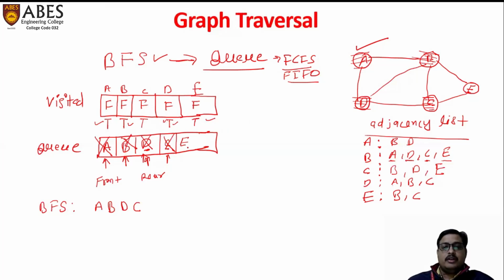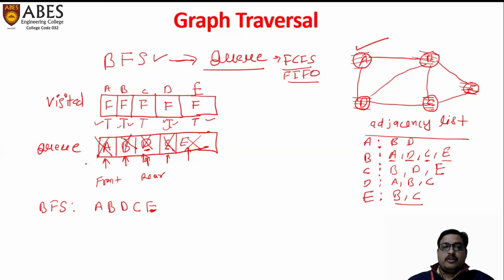Now come to E, this vertex. We'll find out the adjacent vertices of E, that is B and C, and we can see here B and C are already visited, so we'll not add them in the queue, and just pop this E from the queue, and we'll add this in the BFS list, and we will mark it shaded in the graph also.